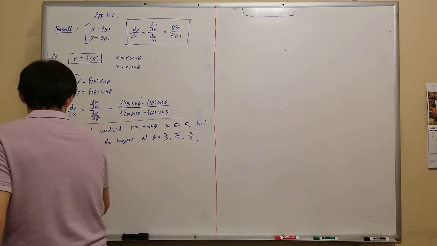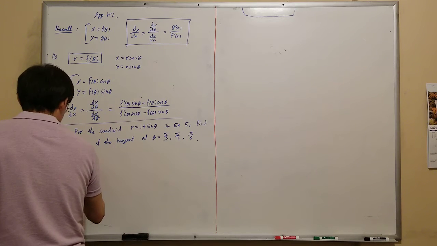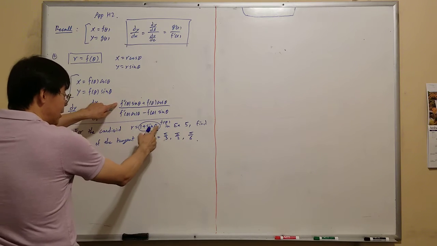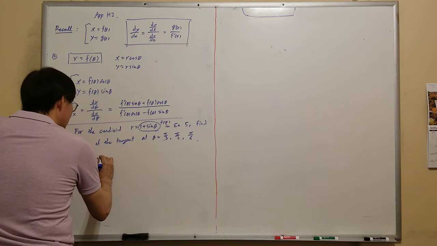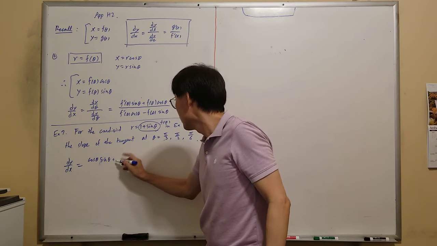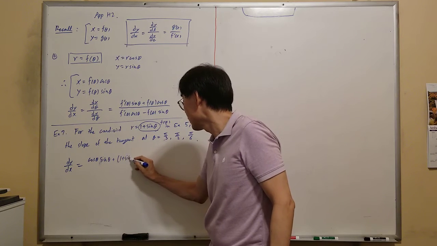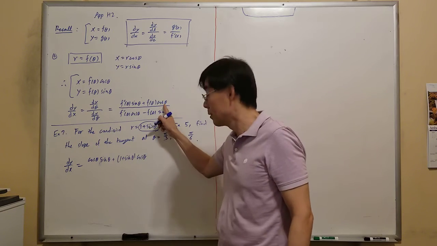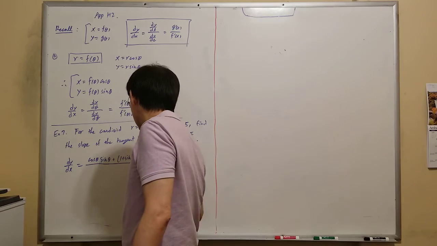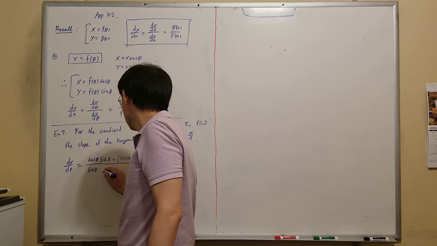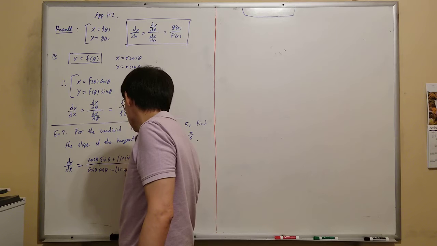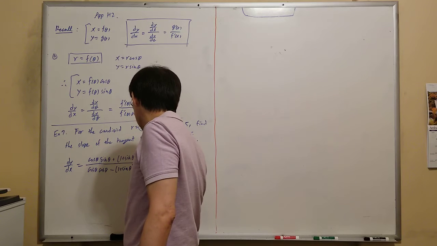Okay, first of all, dy over dx: this is your f theta, so f prime theta means cosine theta. Cosine theta times sine theta plus f theta, 1 plus sine theta times cosine theta, right? Our f of theta is this, f prime theta is cosine theta, over cosine theta times cosine theta minus 1 plus sine theta times sine theta.